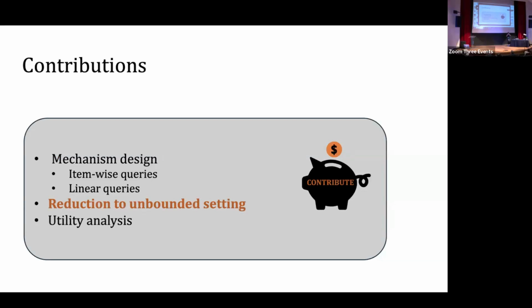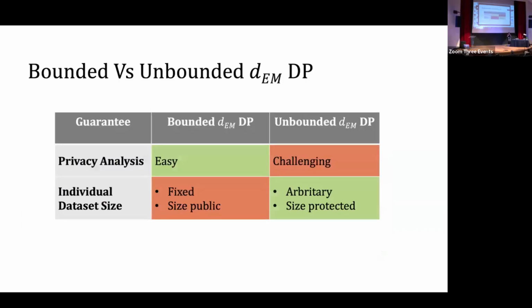Now, for the time being, I have just focused on the bounded data setting. But recall, the bounded data setting assumes that the size of the individual data sets is fixed and publicly known. Now, this can be quite restrictive in practice. We make a separation between these two settings because the privacy analysis is much simpler in the bounded data setting.